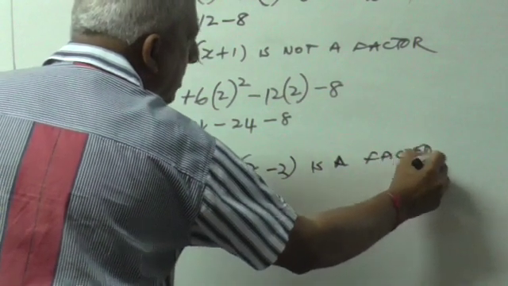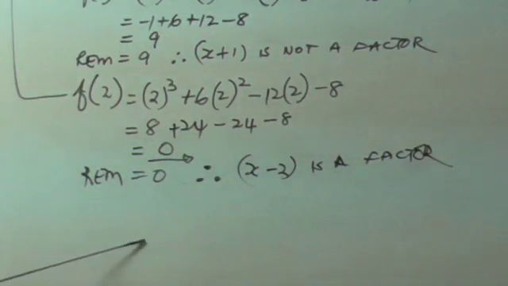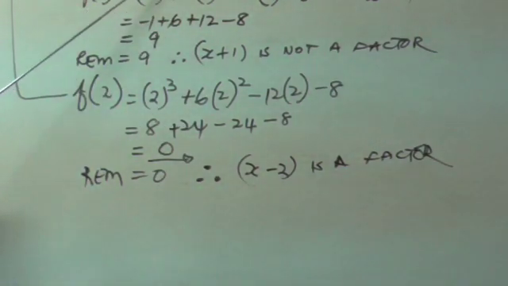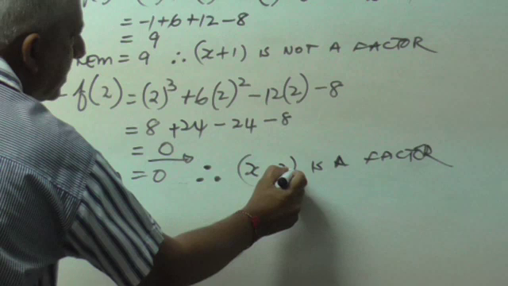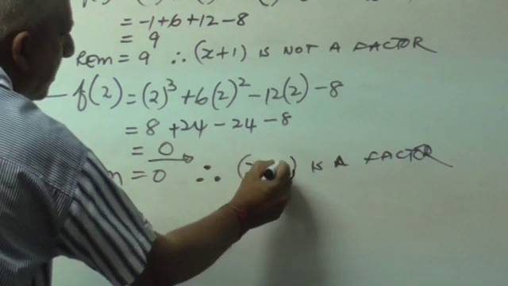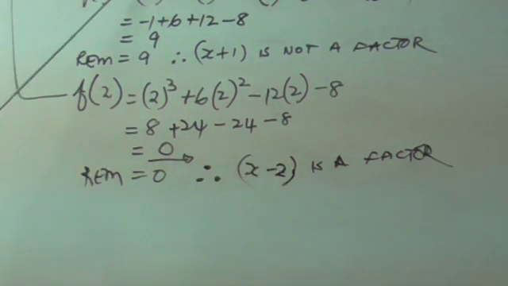So we have done step 1 so far. We now know that x minus 2 is one of the factors of this cubic function, so we are ready to proceed.